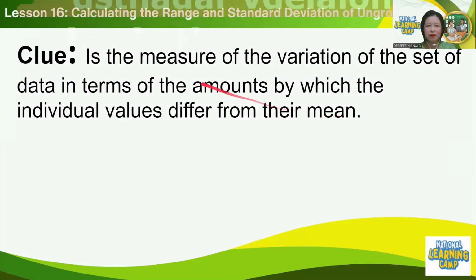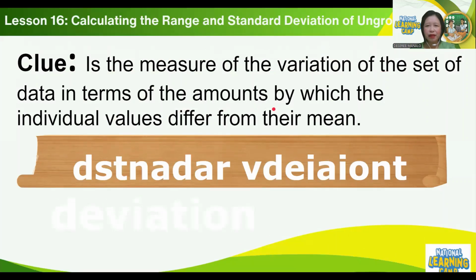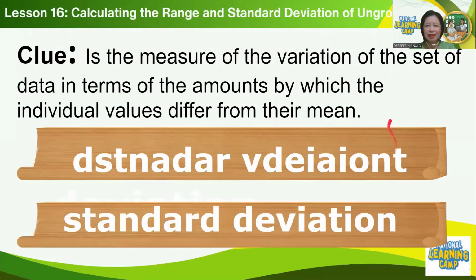For the next one, it is the measure of the variation of the set of data in terms of the amounts by which the individual values differ from their mean. What do you think is the word? Standard deviation.